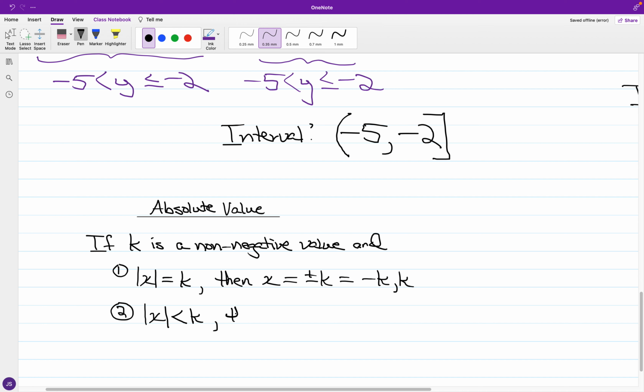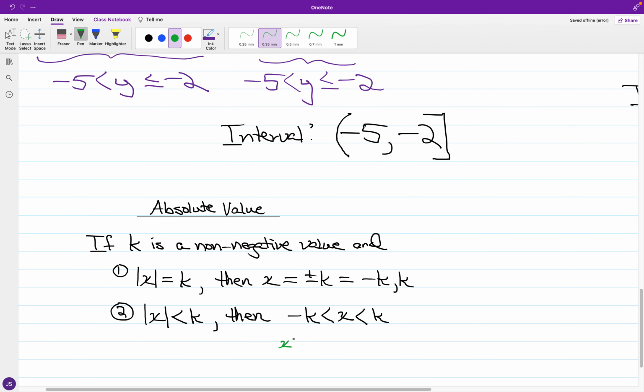Upon removing the absolute value lines and freeing up x, x is going to fall between negative and positive k. So we have that negative k is less than x, which in turn is less than k.